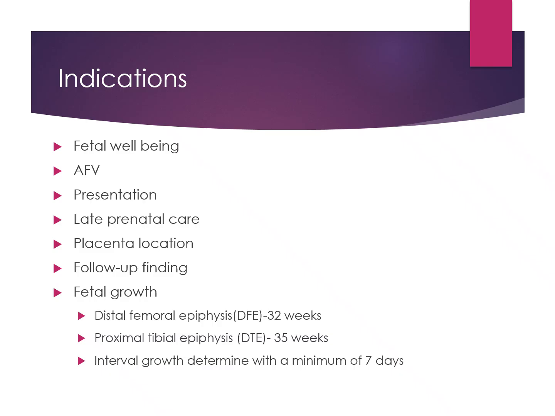Fetal growth, we would do 32 weeks, we're going to do the femoral, and then 35 weeks we might do the tibia. These are going to be checking to make sure that everything is growing on target for where it should be, and will identify some chromosomal abnormalities or syndromes like dwarfism later in the pregnancy.